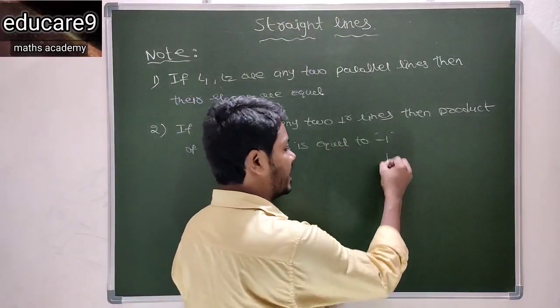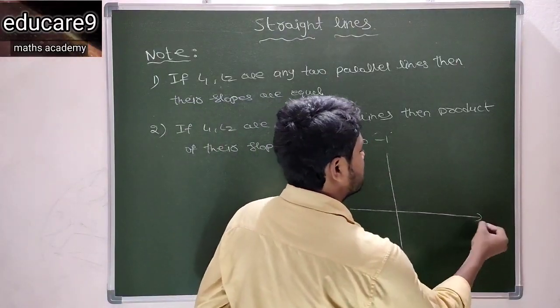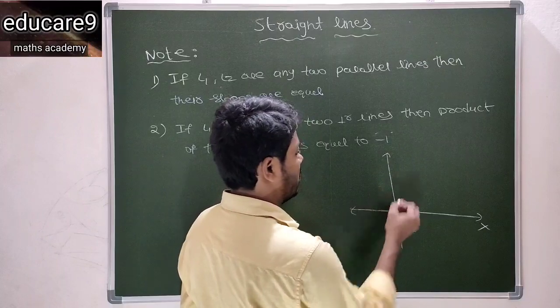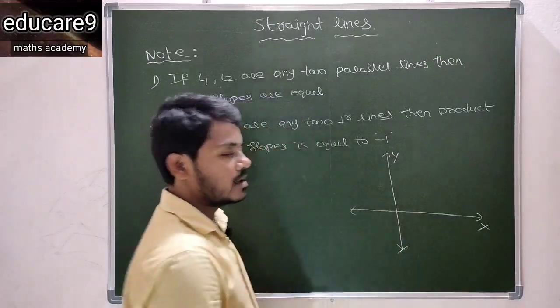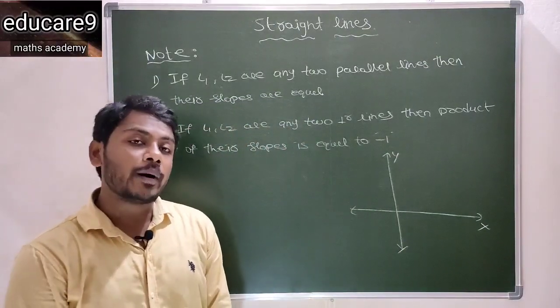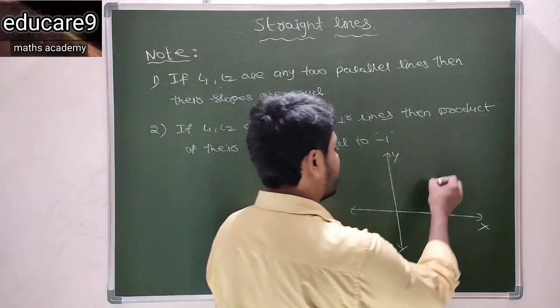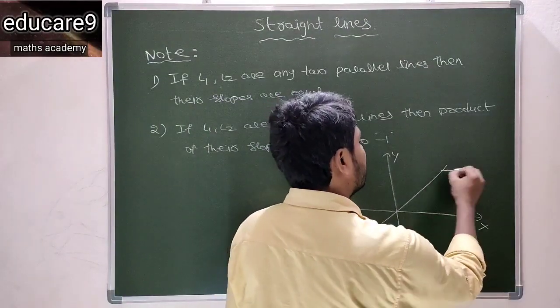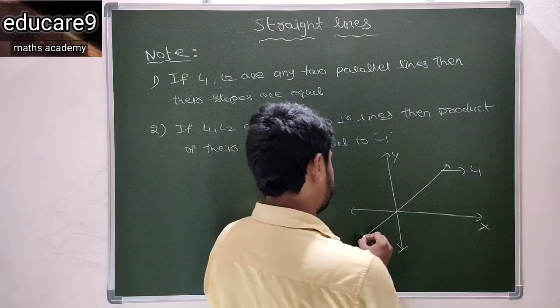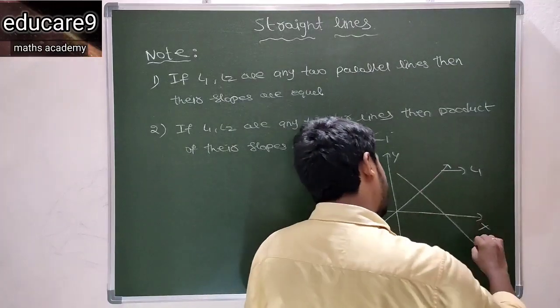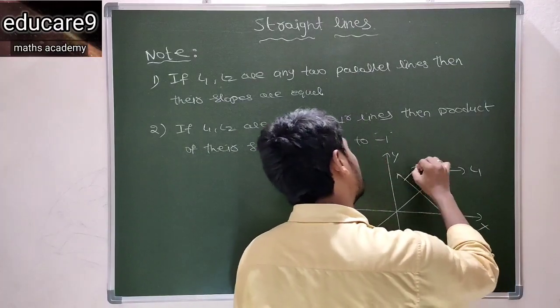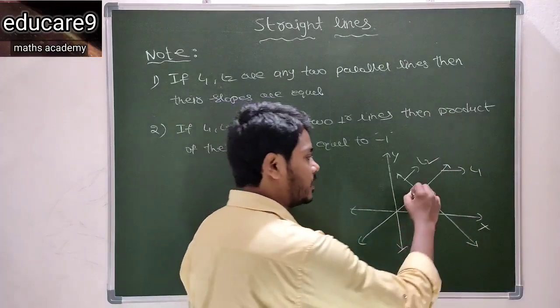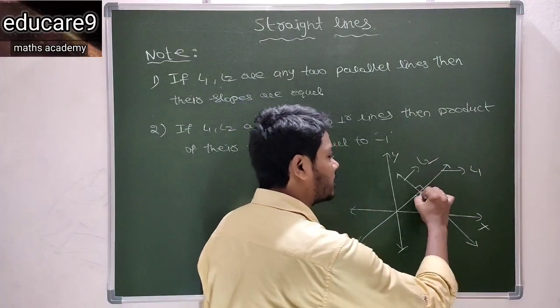So consider the coordinate axis. So this is x and y axis. So consider any two perpendicular lines. See here, for example, this is L1 line and this is L2 line. So clearly these two lines are perpendicular.